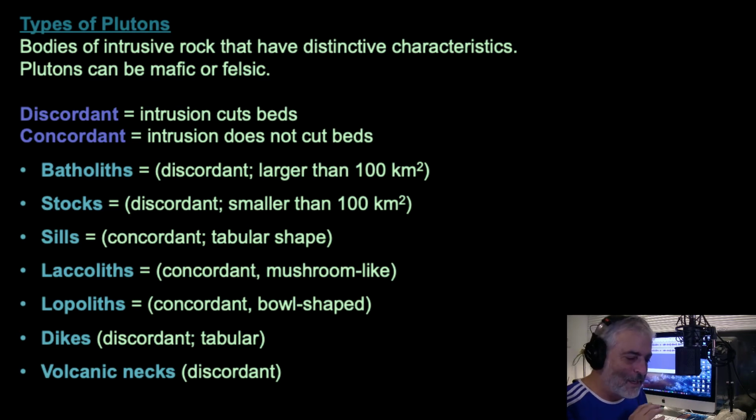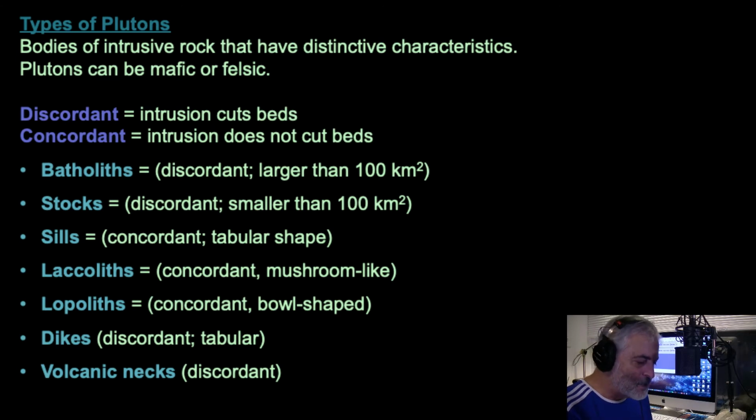Those are all examples of a laccolith, so kind of mushroom shape. It intrudes into the rock around it and forms a kind of domed shape, with strata down below and strata above, and that's a laccolith. Lopolith, again, bowl-shaped.